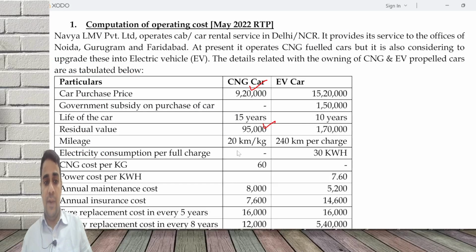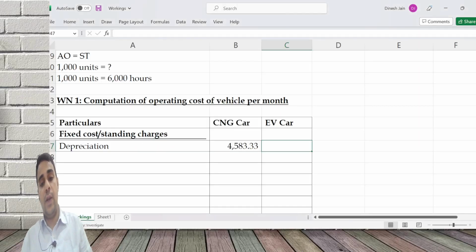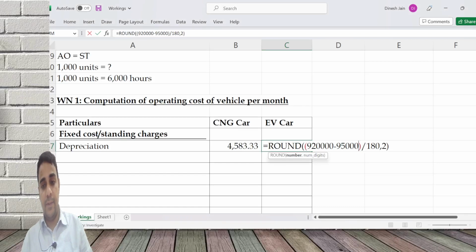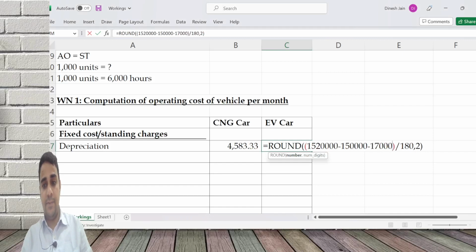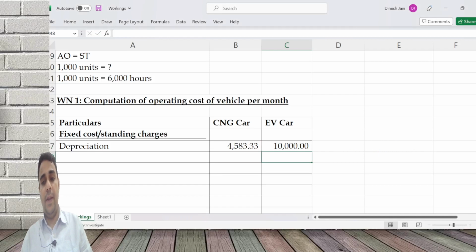In case of EV car, price has to be first reduced by subsidy, because subsidy is given by government, so that is not my expenditure. So from the price, subsidy will go down, then residual value will go down. Life is 10 years, 120 months. 1520 minus 150 minus 170, divided by 120 months.